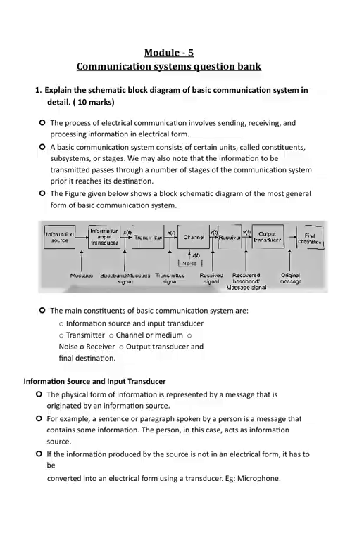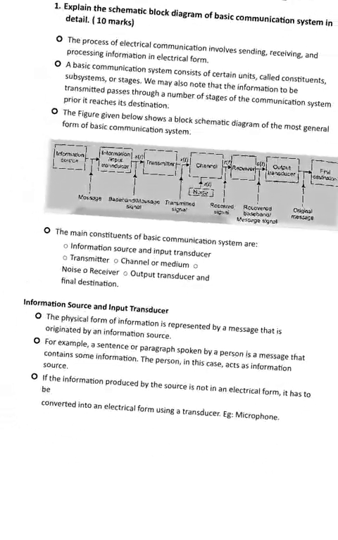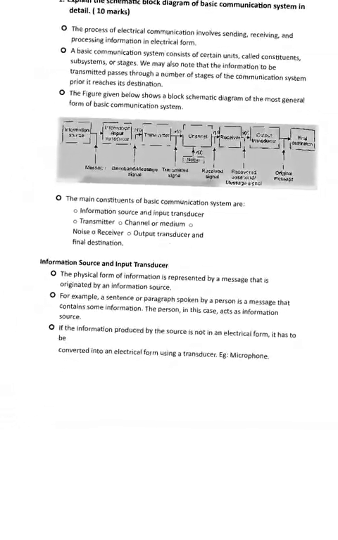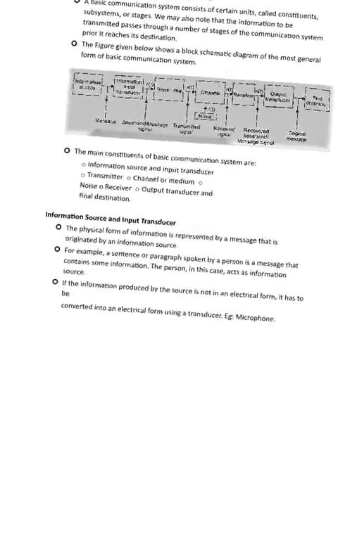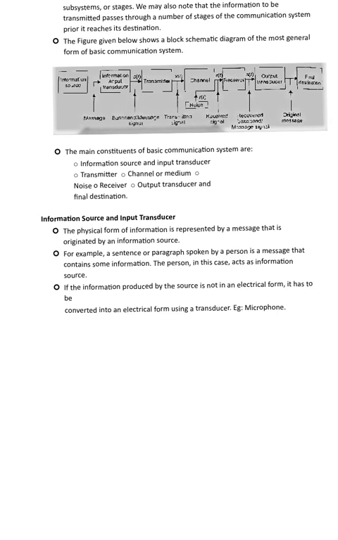The figure shows the block diagram here. The main constituents of a basic communication system are information source, input transducer, transmitter, channel or medium, noise, receiver, output transducer, and a final destination.